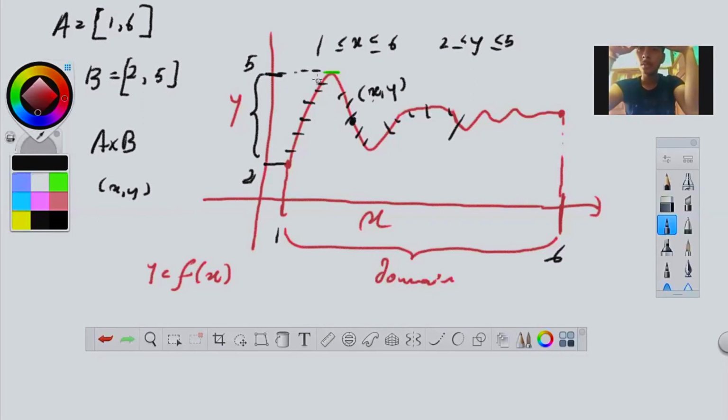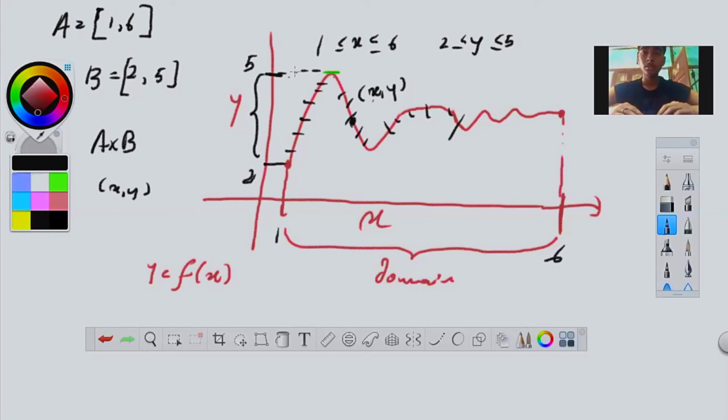Because A, x, is from 1 to 6, B is from 2 to 5, so of course 1 will be related to 2 and 1 will be related to 5. 1,2 is there, 1,5 is there.